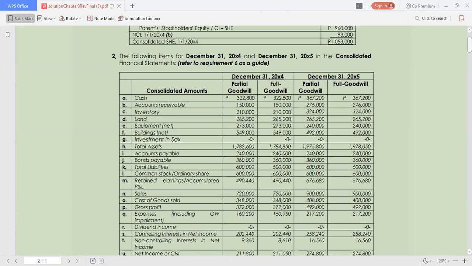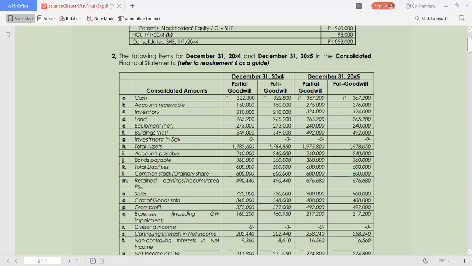computations. So for the total assets including cash, accounts receivable, we have inventory, then land, equipment, and we have buildings. Investments already equal to 0.